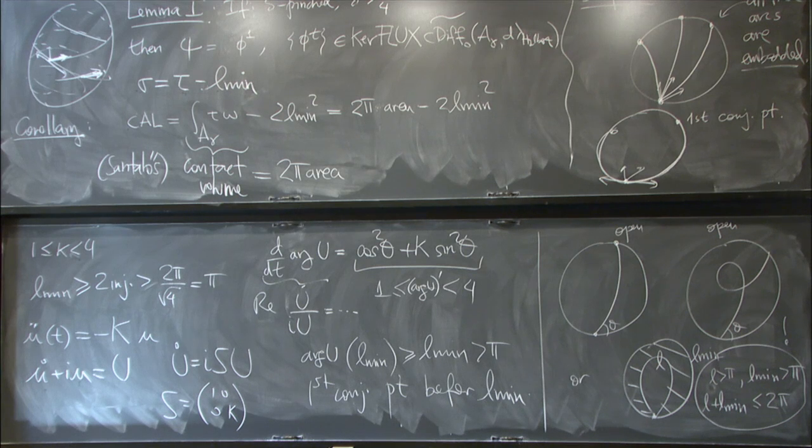And if you shoot that way, you're going to end up somewhere. You have to be L mean minus the time to first conjugate points. If you go that way, you end up in a point which is given by gamma of x plus this. But this is L mean minus the time to the first conjugate point from that side.